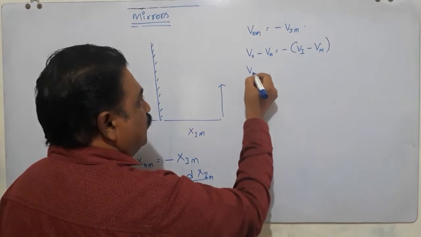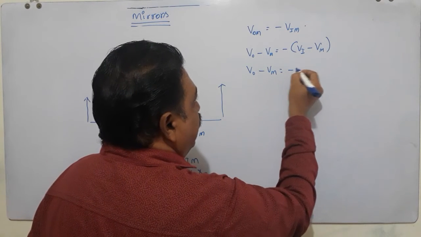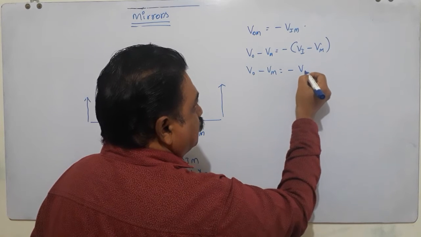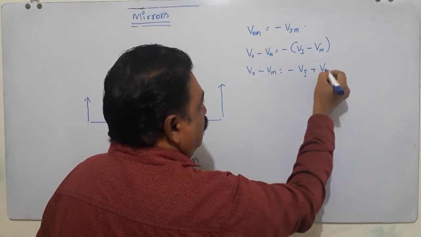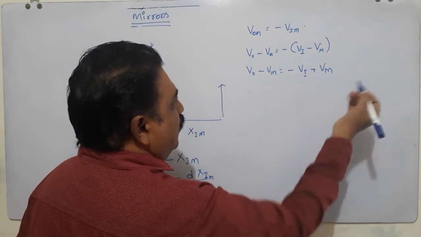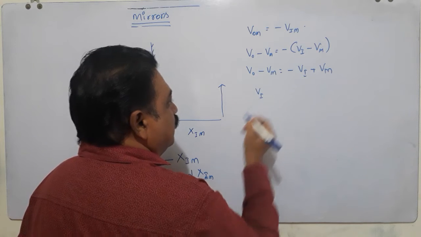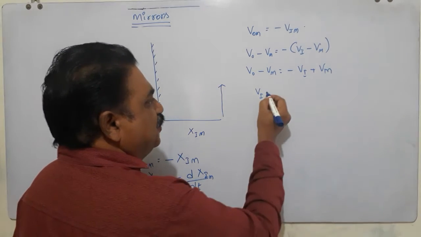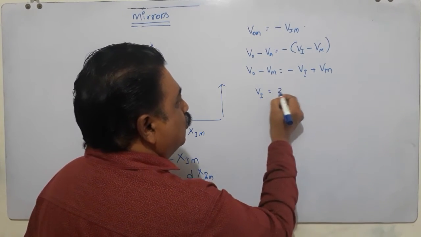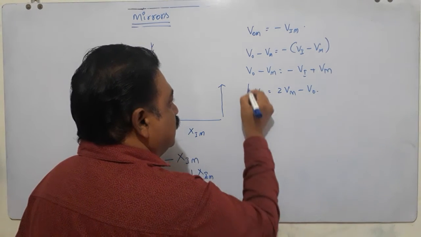By solving, V0 minus Vm is equal to minus Vi plus Vm. You bring this Vm and V0 to that side and Vi to this side. So, velocity of image is equal to 2Vm minus V0.